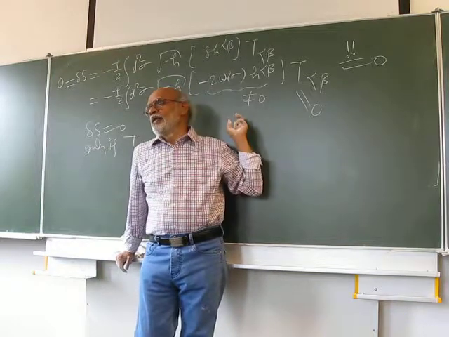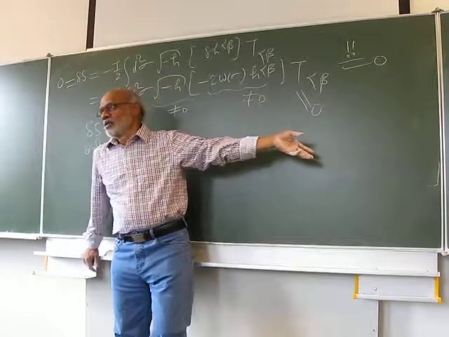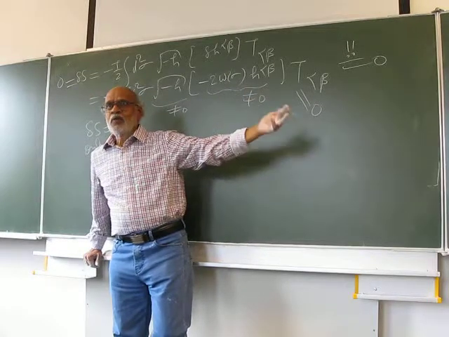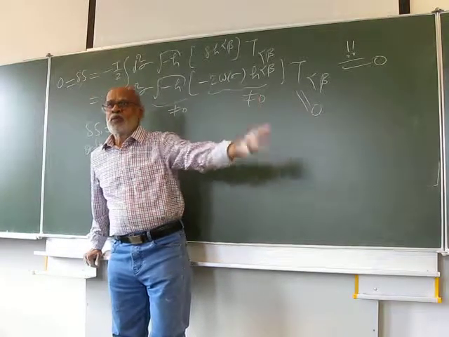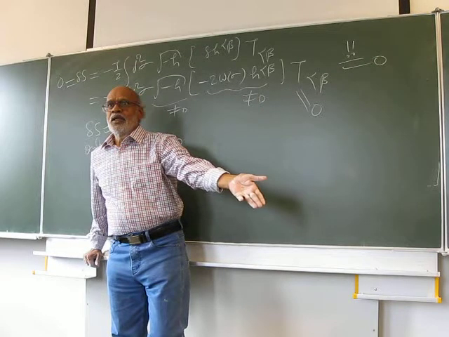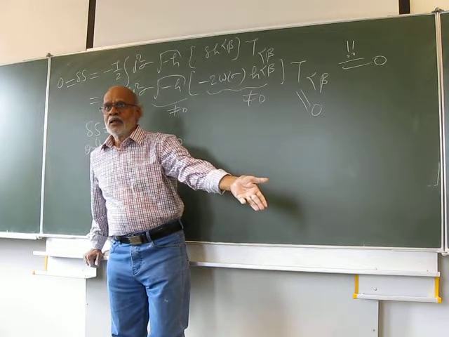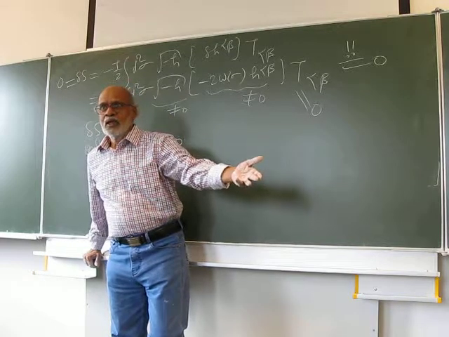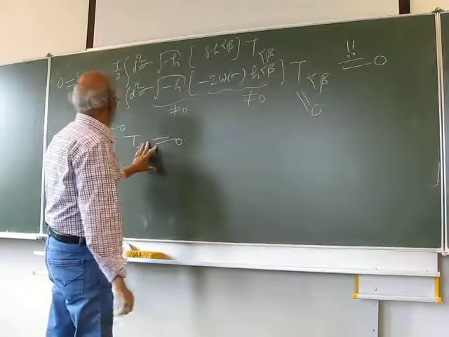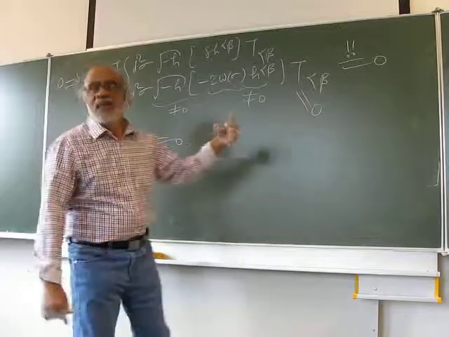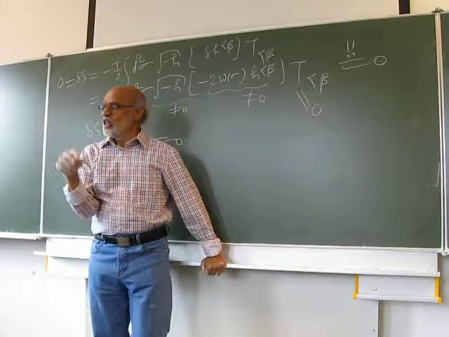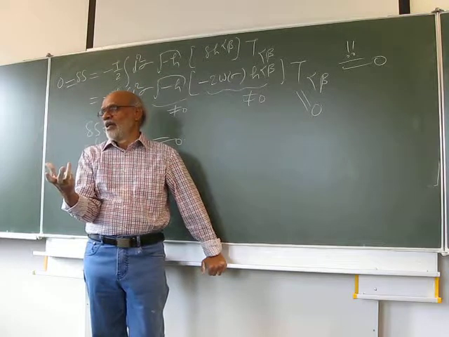Then T alpha beta would pick up additional terms, which would arise because of the presence of the fermionic variable psi mu. Accordingly, the Virasoro constraints would change at the classical level.